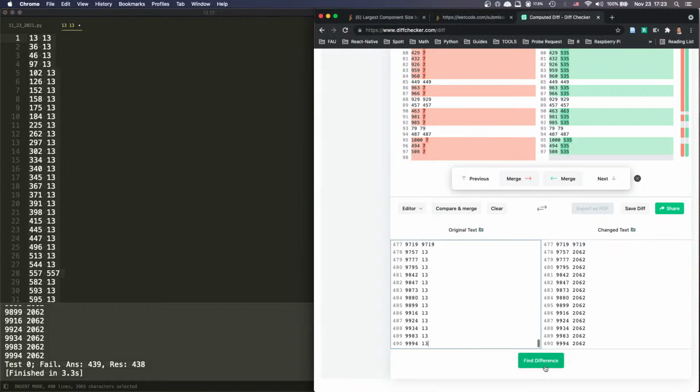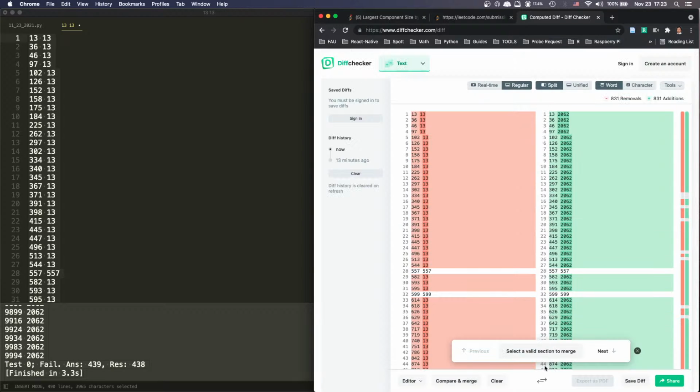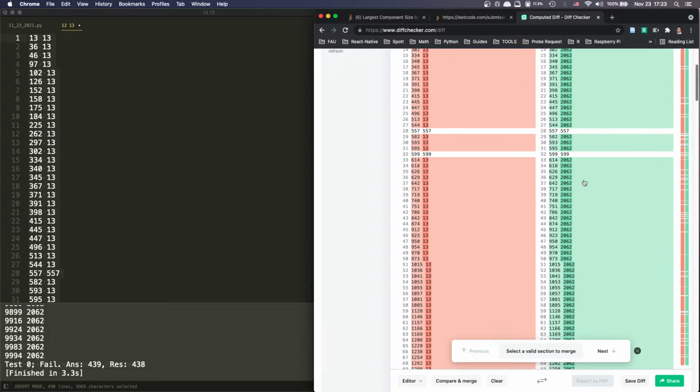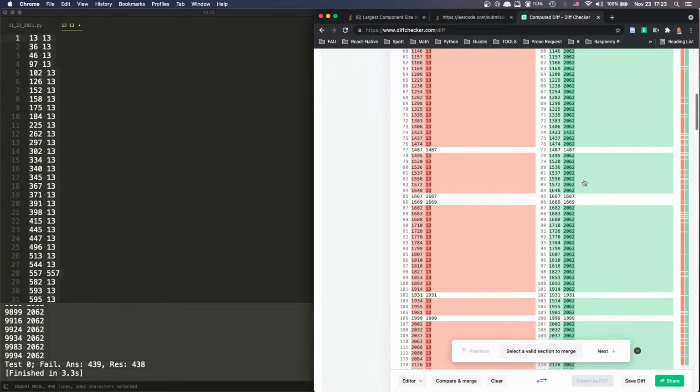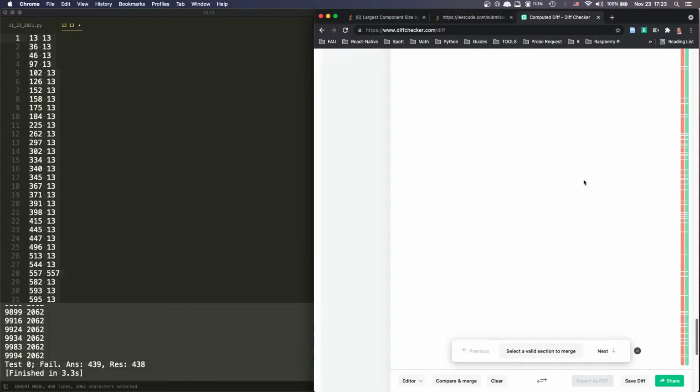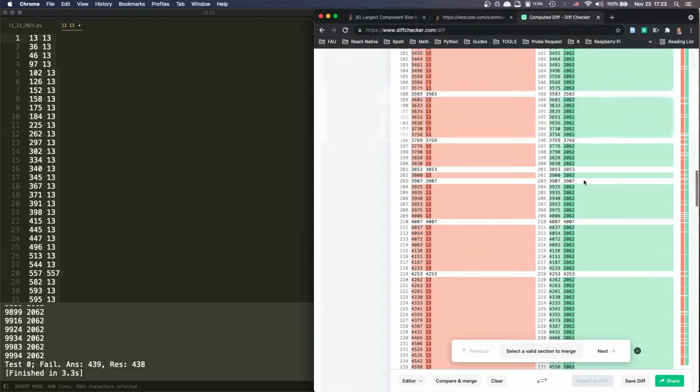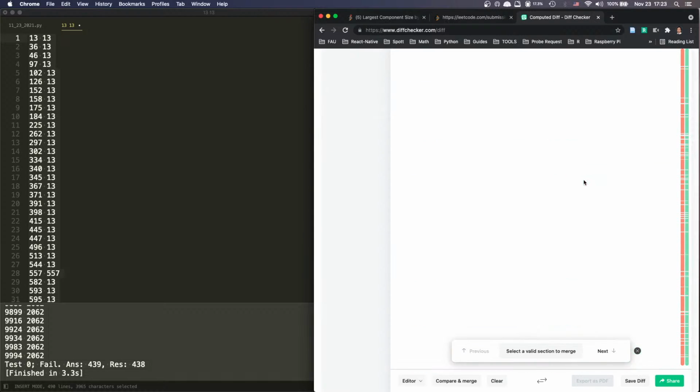Find difference. 2062. Okay. No, actually, this is not helpful.